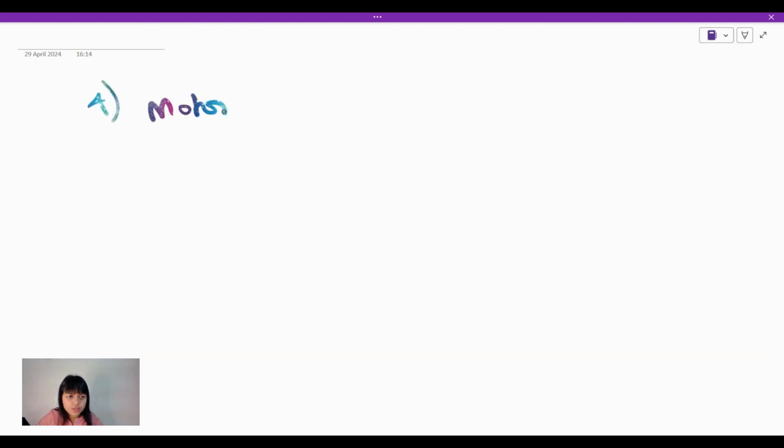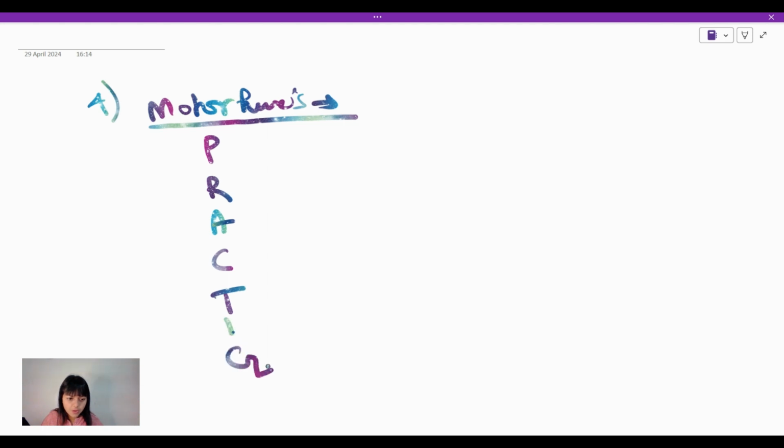Next is, yes, motor functions. Again, there are many points in motor functions. Let's make a mnemonic, that is PRACTIG. P stands for power. R for reflexes.